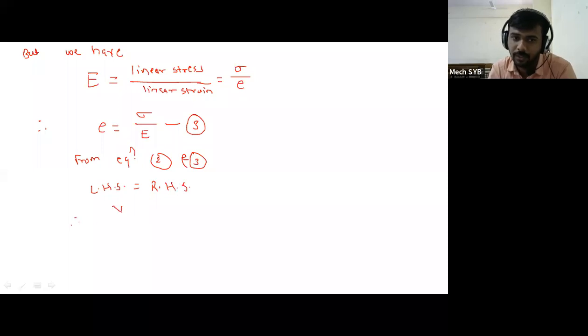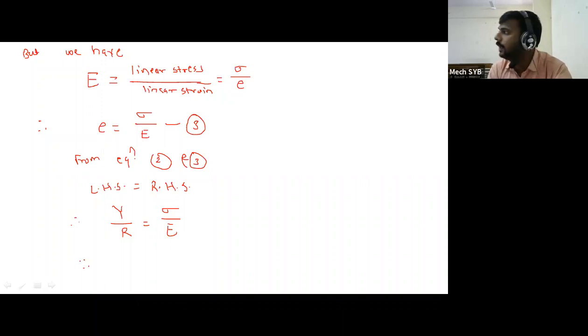Therefore, y upon R is equal to sigma upon E. And if I replace the term, see what will happen.